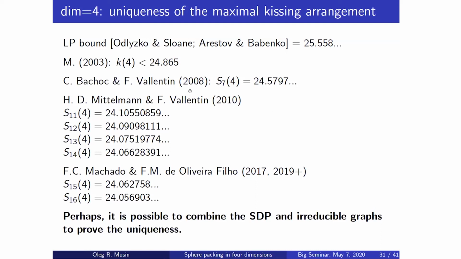The first publication using semi-definite programming was by Bachoc and Vallentin in 2008. They used a polynomial in 3 variables of degree 7, and they had a better bound. Then Mittelmann and Vallentin considered a high-degree polynomial using semi-definite programming in 2010. And look, the bound decreases, right?